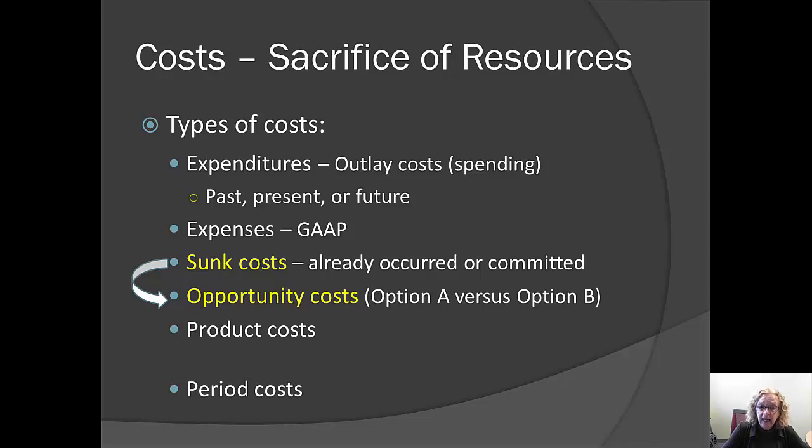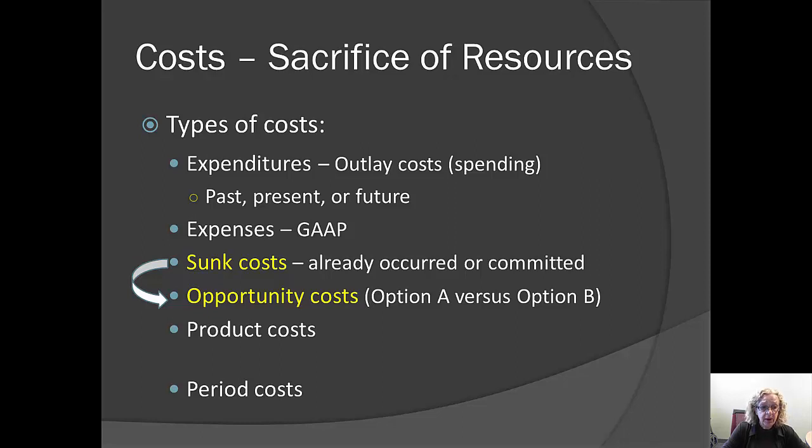But recognize, every time you have to make a choice, you're giving something up in the choice that you did not make. Your goal is to minimize regret, to make sure that your opportunity cost is as small as possible.